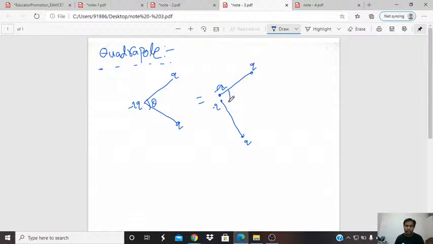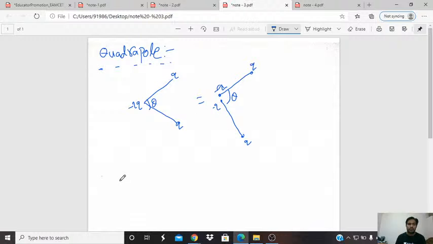Here the angle between them is theta. What is the resultant here? Resultant dipole moment, how can we find it? P and P, angle between them theta. So root of p square plus q square plus 2pq cos theta. Equal magnitude means 2p cos theta by 2. So that is the direction, resultant.